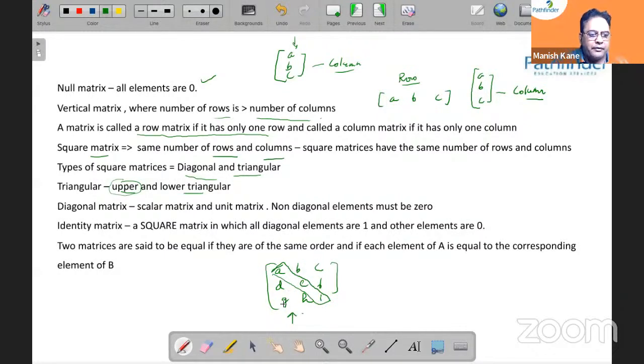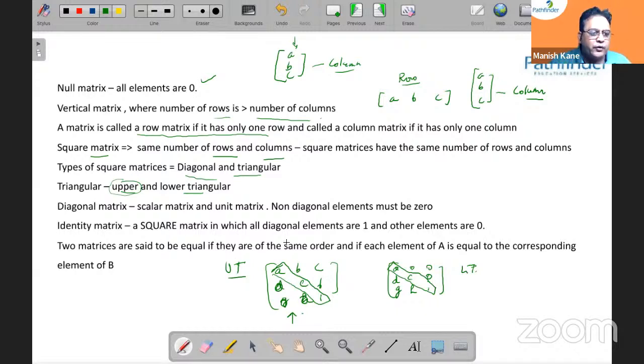So if these elements are 0, this will be an upper triangular matrix. Whereas in a lower triangular matrix, you have all elements above the diagonal as 0. Now this is a lower triangular matrix, right?